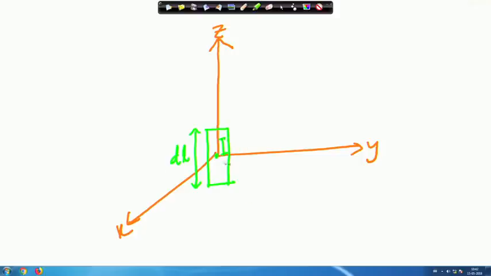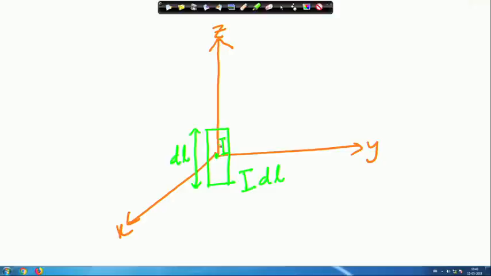This is generally always written as I dl, that means I is the current and dl is the length. I is uniform throughout in magnitude and phase, but after reaching here there is no I. You know that this type of thing cannot exist in practice, but we will see that to understand radiation this is a vital concept, because the radiation from this type of current element is present in all types of antenna radiations.